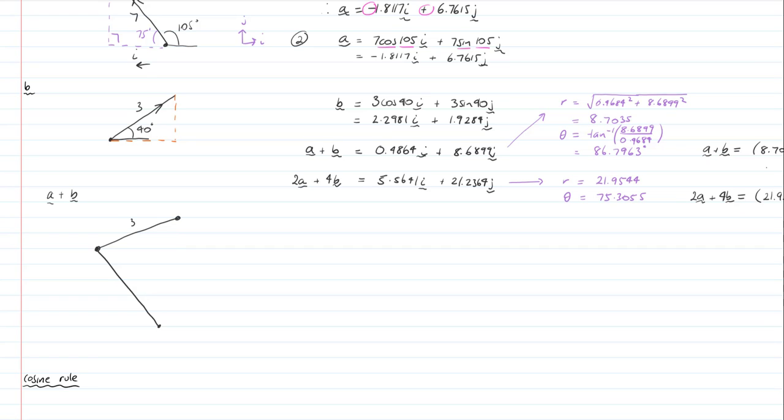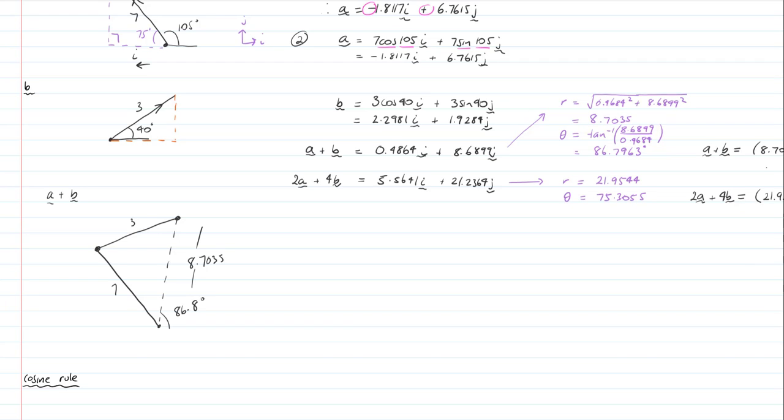So we've got 3 and 7. My scale is obviously pretty bad, but you can see the result here is our angle 86.79 degrees, or 86.8 degrees, and our length 8.7035. So there you can see the A plus B and how that's come about.